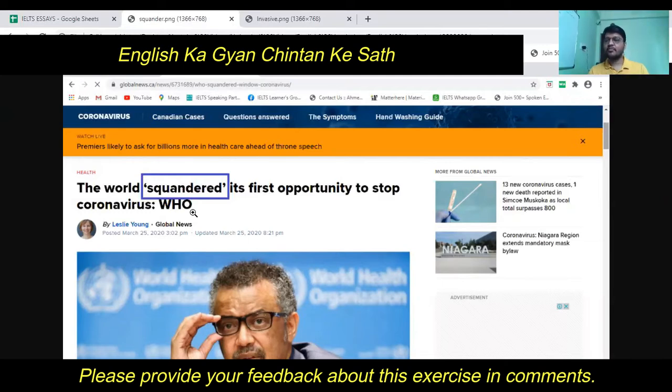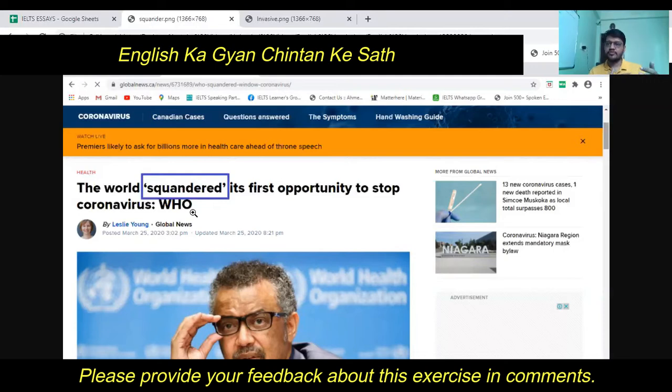This is the statement from the WHO authority, that the world squandered, यानी world ने waste कर दी first opportunity to stop coronavirus. So the world has wasted its first opportunity to stop coronavirus.